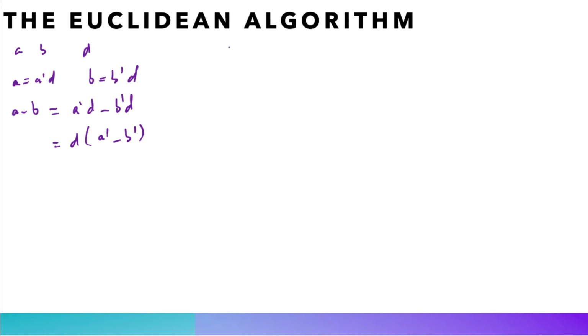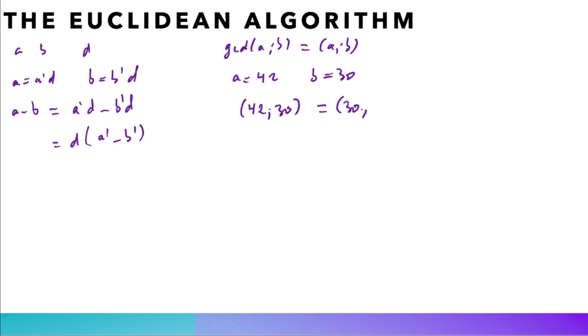Let us try this on a simple example. For practical reasons, I will denote GCD of a, b by only (a, b). Now if you take a equals 42 and b equals 30, we see that the GCD of 42 and 30 is equal to the GCD of 30 and 42 minus 30, which is equal to the GCD of 30 and 12.